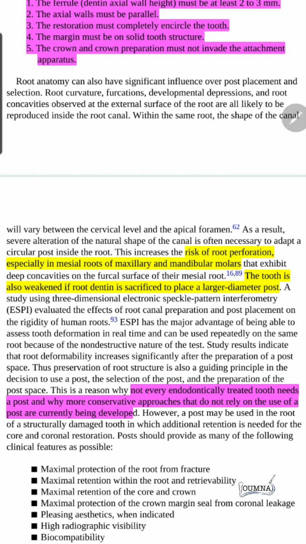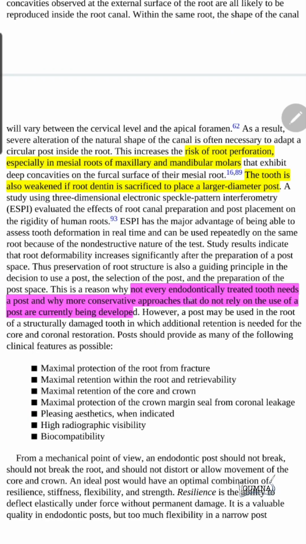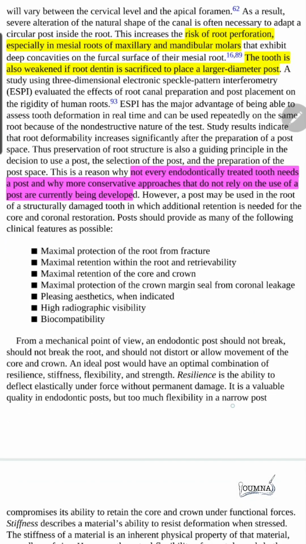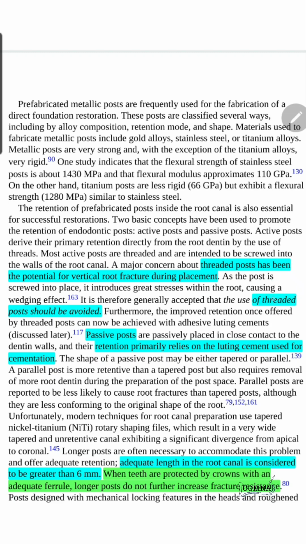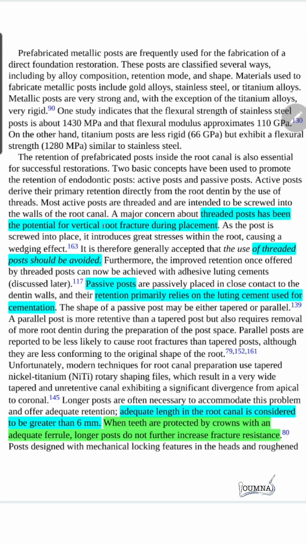Not every endodontically treated tooth needs a post, and we will see when we put a post and when we do not. The metal threaded post should not be used. It increases the vertical root fracture a lot.